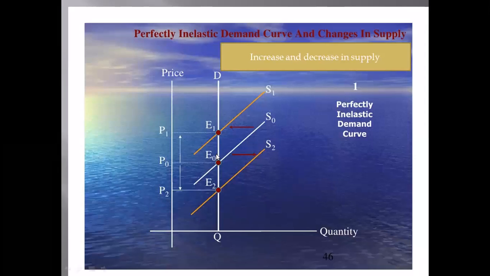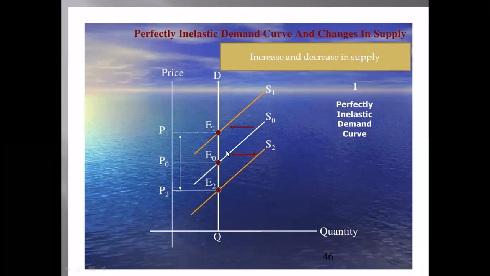Now comes a situation where there is a perfectly inelastic demand curve and there are changes in supply. There is increase in supply and there is decrease in supply. So when the supply is increasing, a situation of increase in supply, when demand is perfectly inelastic, equilibrium price reduces from P0 to P2.